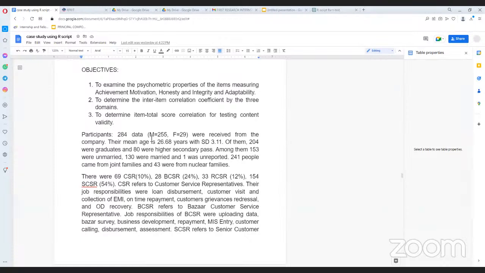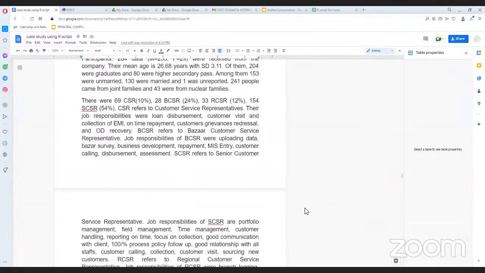Their job responsibilities were loan disbursement, customer visit, collection of EMIs, on-time repayment, customer grievance redressal, and OD recovery. BCSR refers to Bazaar Customer Service Representatives. Their responsibilities were uploading data, bazaar survey, business development, repayment, MIS entry, customer calling, disbursement, and assessment.